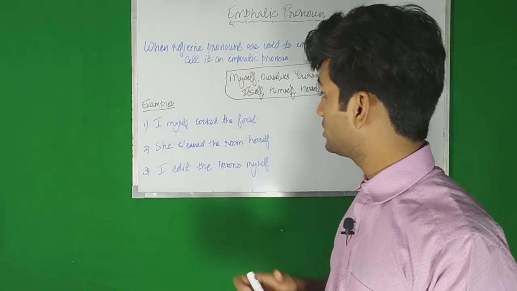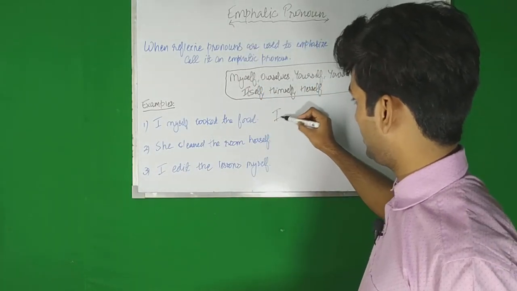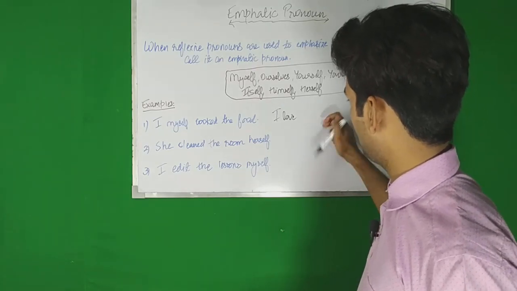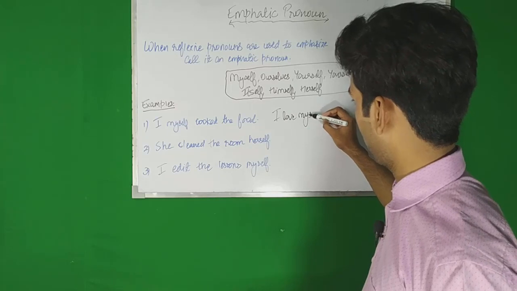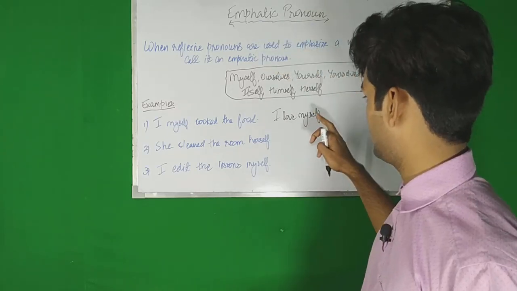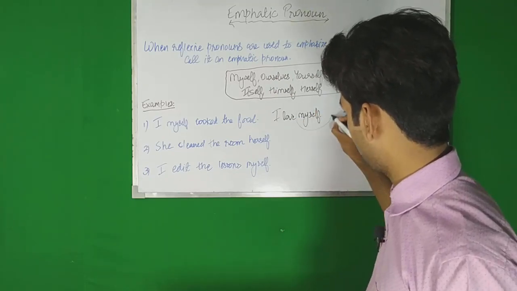But I cannot do this with reflexive pronouns. I'll give you an example. If I write, I love you. Oh, sorry. I love myself, okay? I love myself. Myself here is not an emphatic pronoun. It's a reflexive pronoun here, okay? So if I want to take it out of the sentence, I cannot do it.